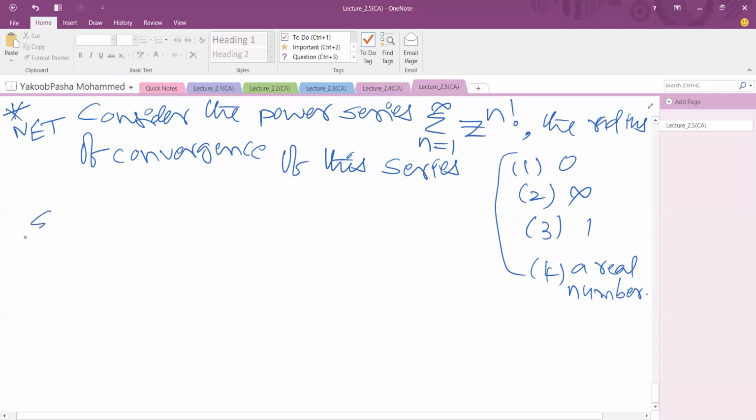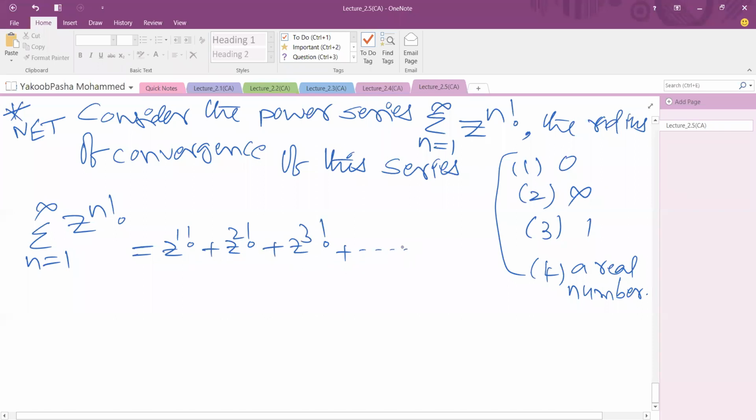First I am writing summation n is equal to 1 to infinity z power n factorial, as z power 1 factorial, plus z power 2 factorial, plus z power 3 factorial, plus and so on.